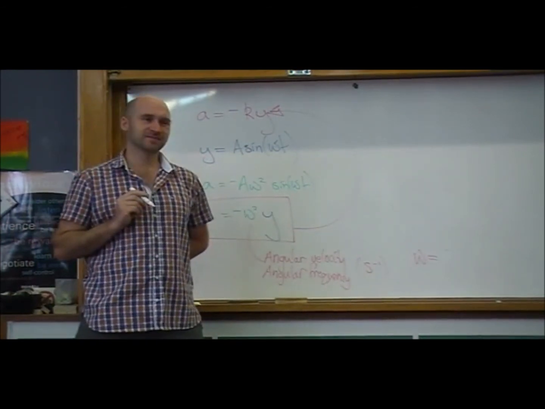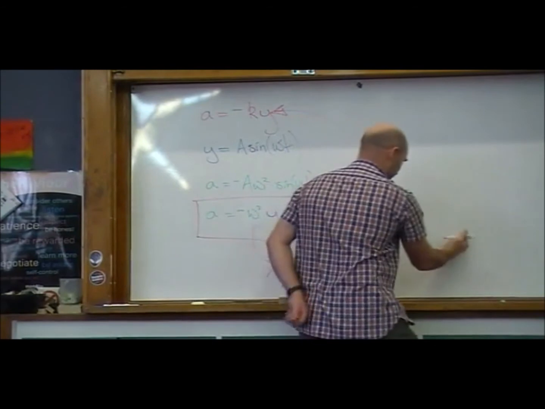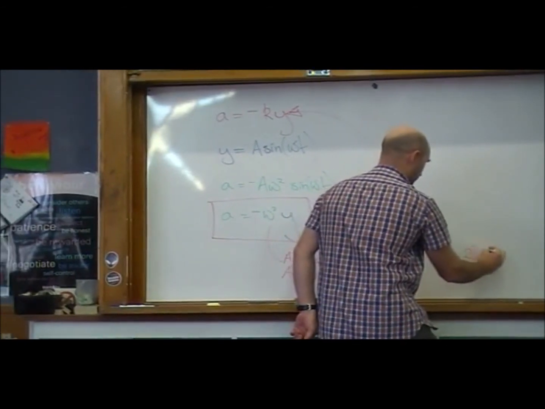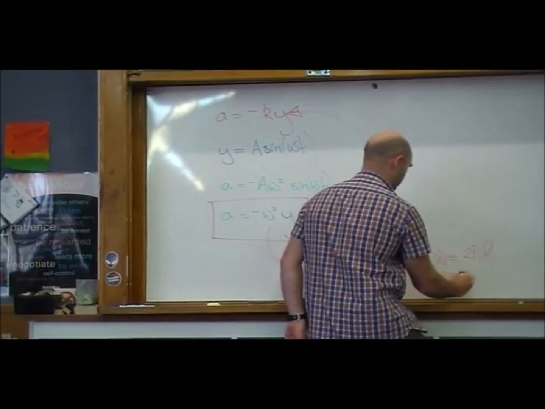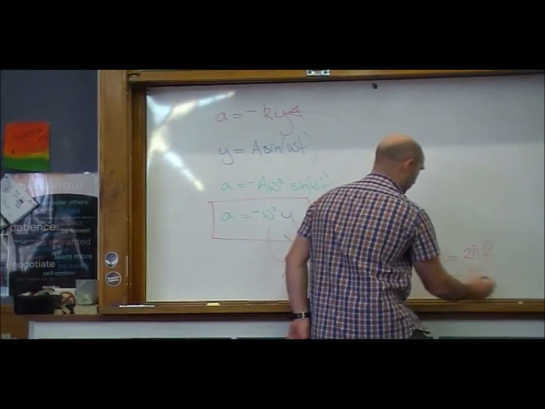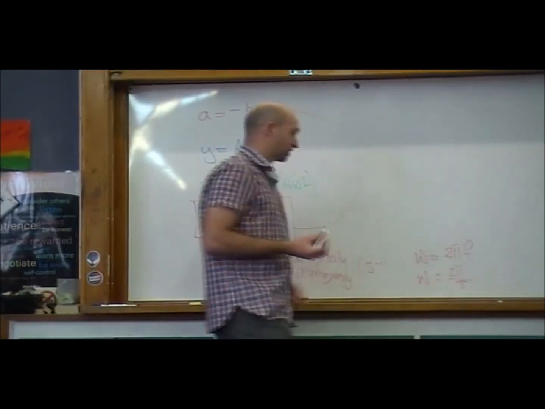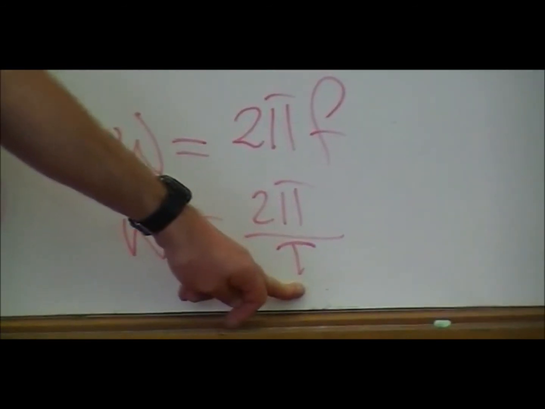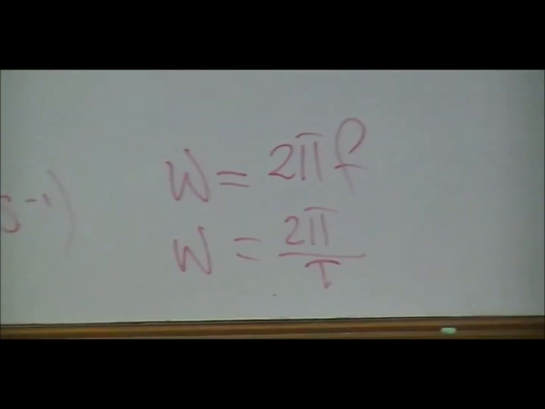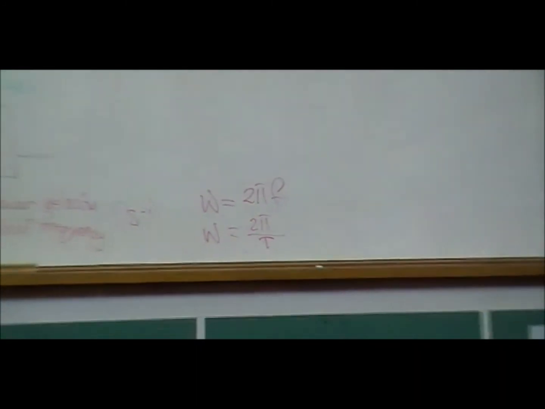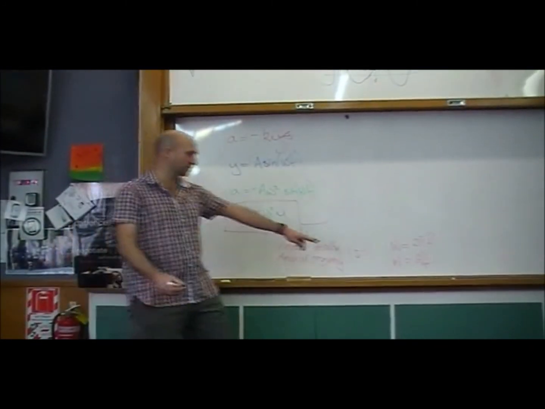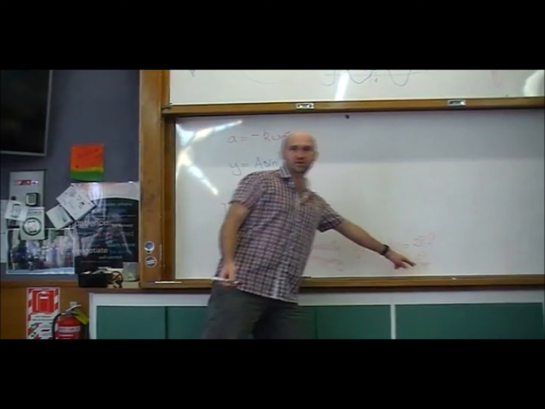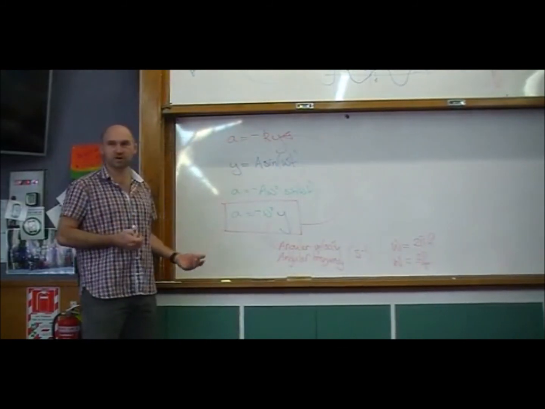Or 2 pi f, or 2 pi times 1 over T, 2 pi over T. But look, what's T? The time period, the time it takes for our motion to repeat itself. So we've just managed to write down an equation that's got the period of motion in it?